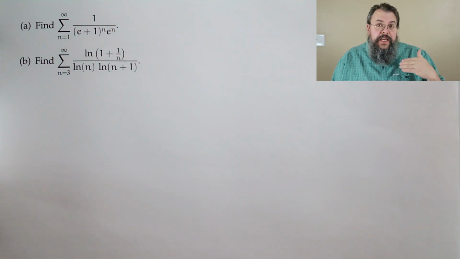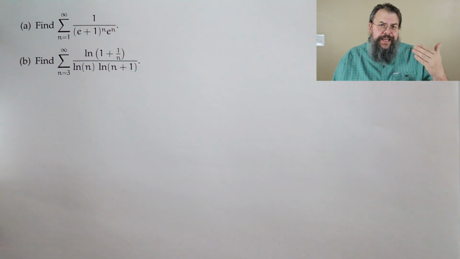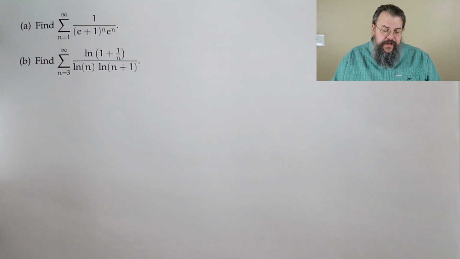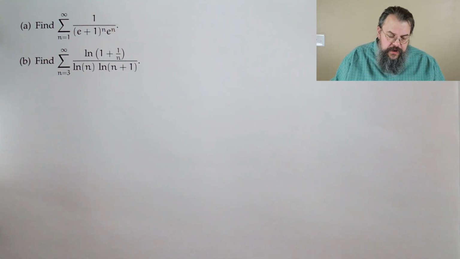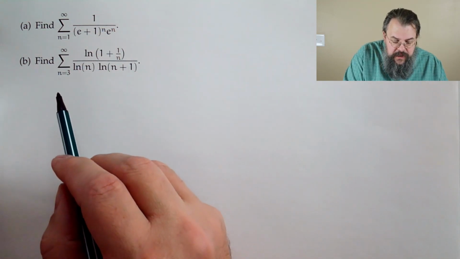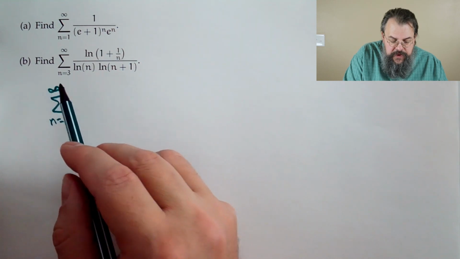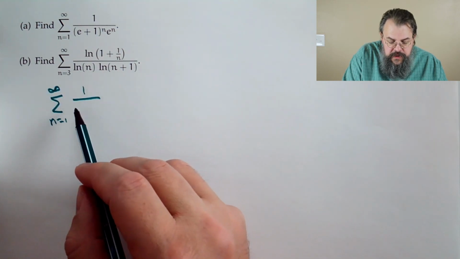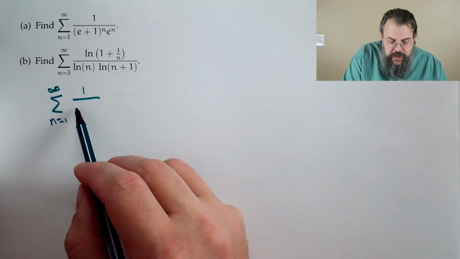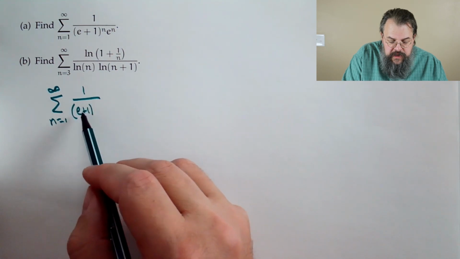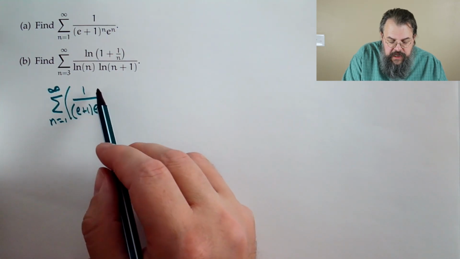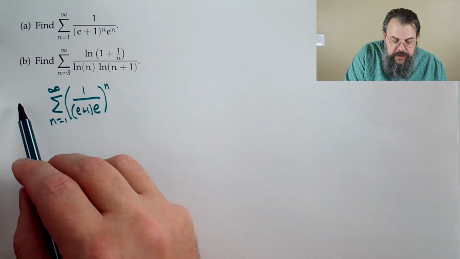When we see n in the exponent, we should think, hey, could this be geometric? And we see, oh, actually, a way to rewrite it is the following, as 1 over (e plus 1 times e), all raised to the nth power.